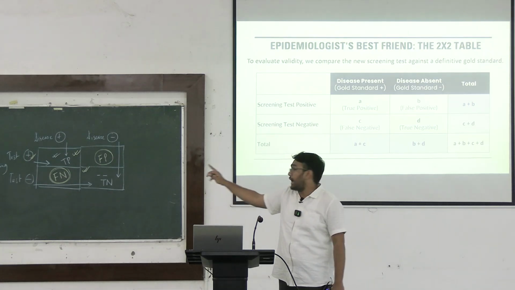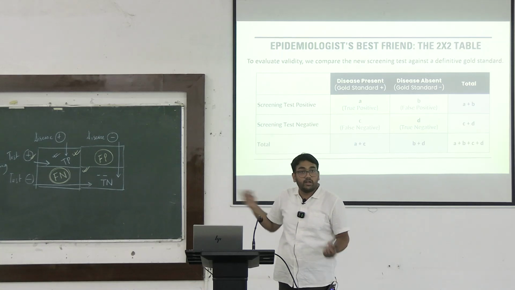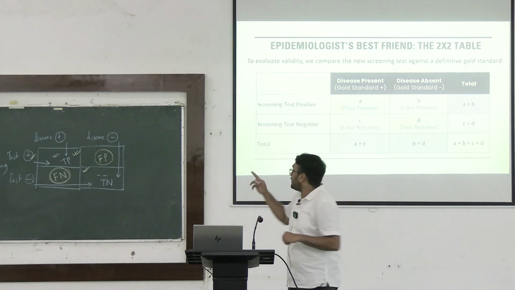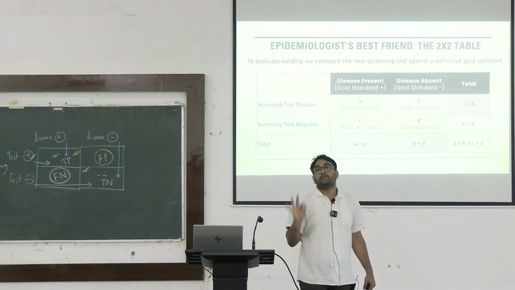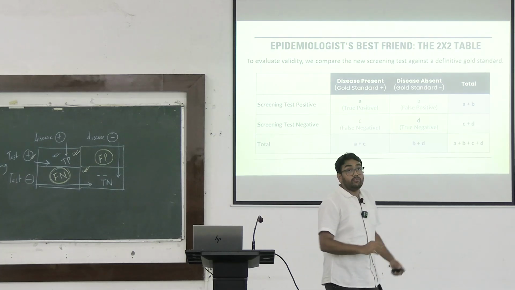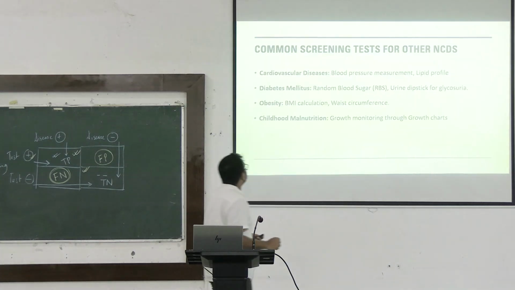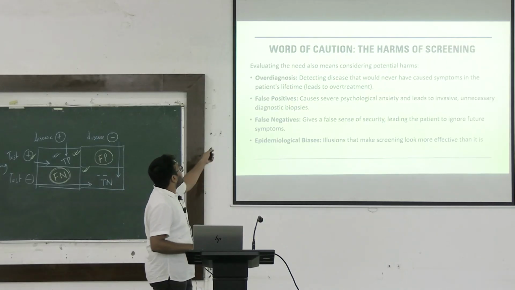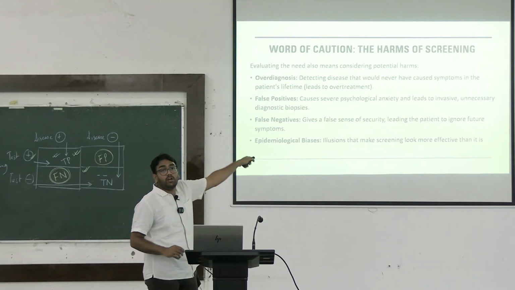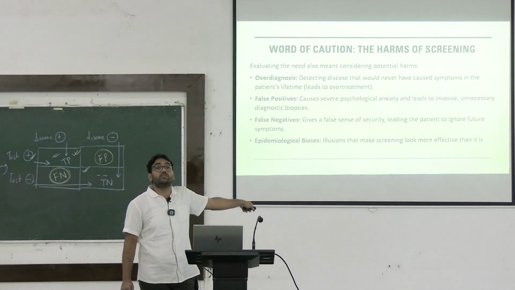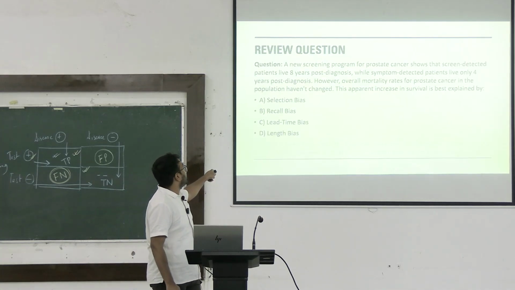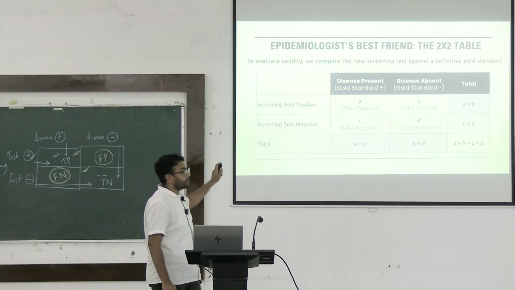True positive and true negative we will want to maximize, and false positive and false negative we will want to minimize. When we discussed the biases or the harms of screening, we saw that the harms of screening include false positives and false negatives. So we must reduce those two squares when we are employing a screening test, isn't it?